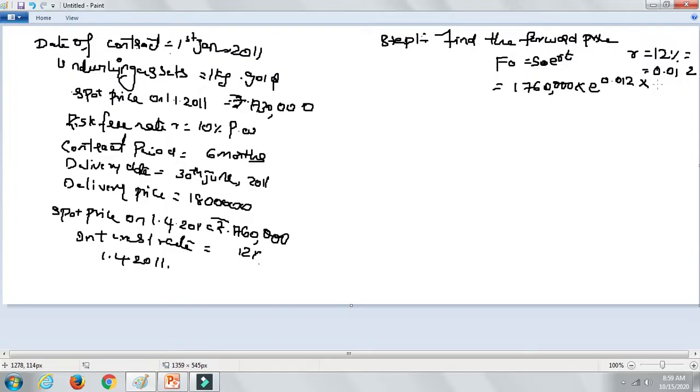January, February, March. You are going to use 3 months. So as I said, T is equal to n by the number of months in a year. So over here it will be 3 divided by 12.